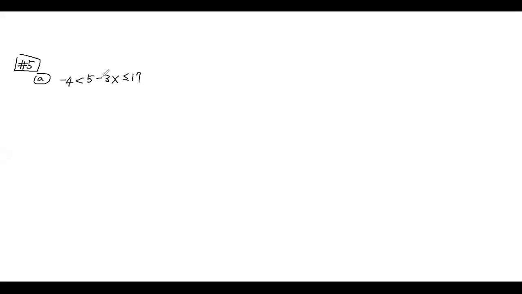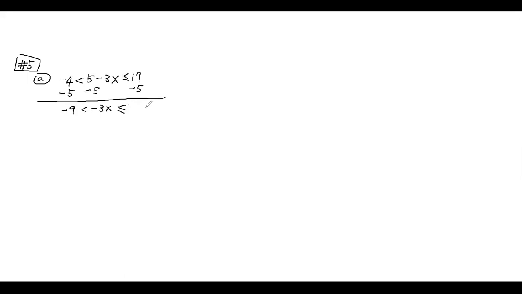Solving the inequality is just like solving equations: you move the numbers to the sides. So we subtract 5 from all parts, because this has both sides here, right? This one will give you -9, correct? Then here this is -3x.